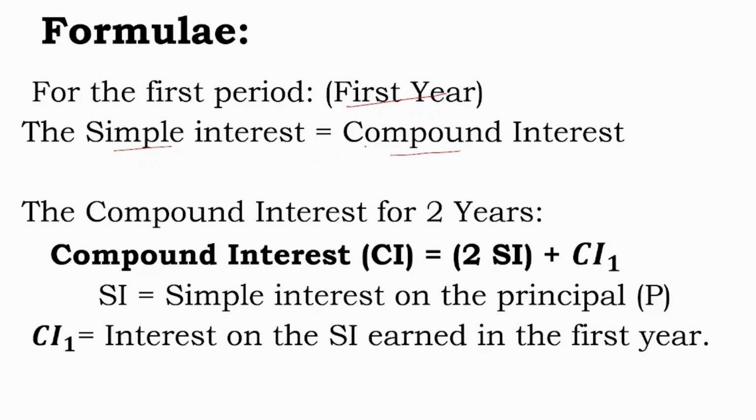So it is only the simple interest. For 2 years, we have the compound interest as 2 into simple interest plus compound interest imposed on simple interest for the first time. That's why CI1.